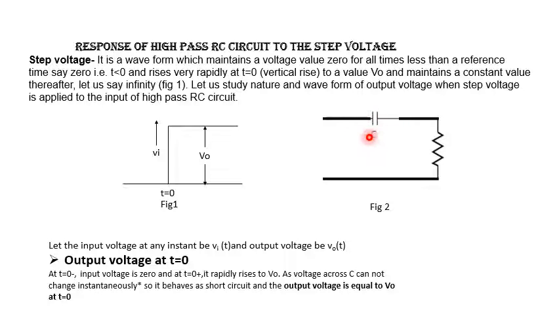When the input voltage is sharply increasing, the potential difference across the capacitor will remain zero. Therefore, the entire voltage increase which has happened at the input will appear across the output resistor.